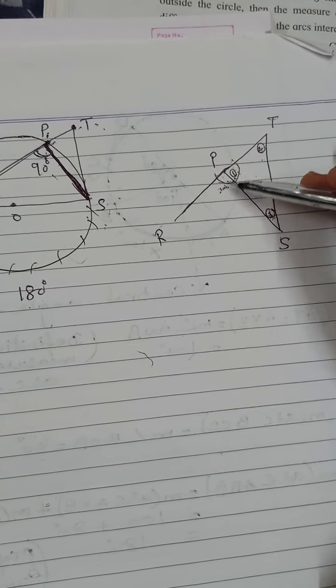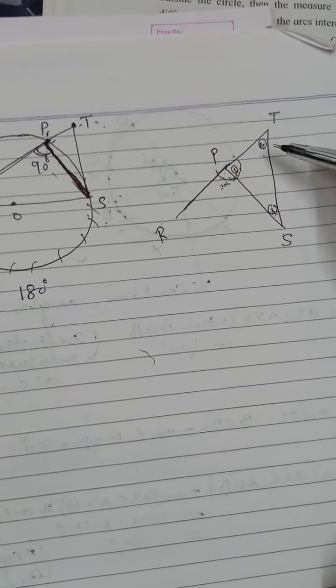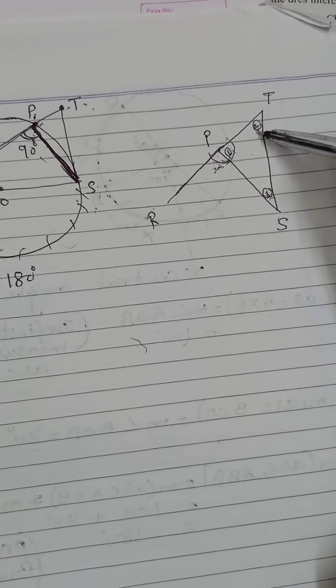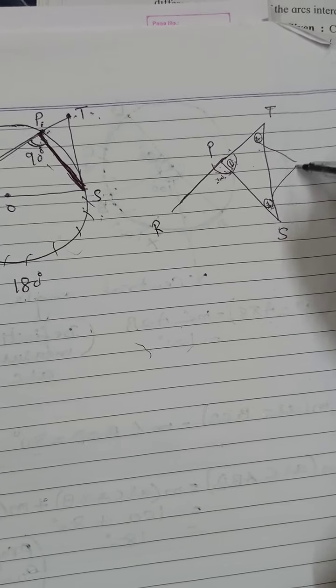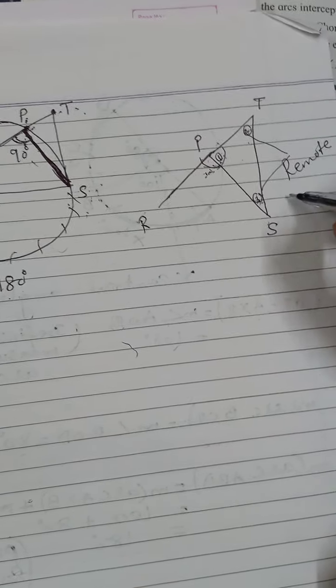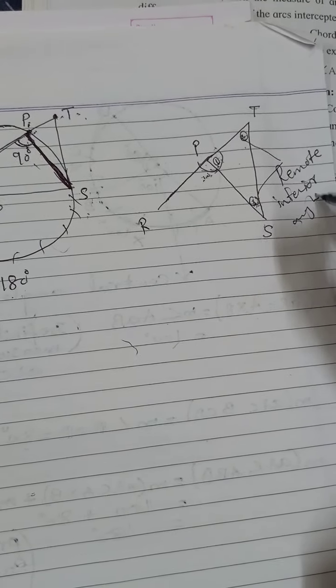So we will not take the angle which is making a linear pair. We will take the angles of a triangle which are not making a linear pair. So the second angle and third angle, these 2 angles which are not making a linear pair, are called remote interior angles.